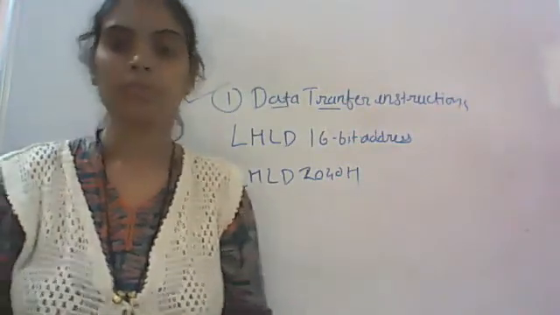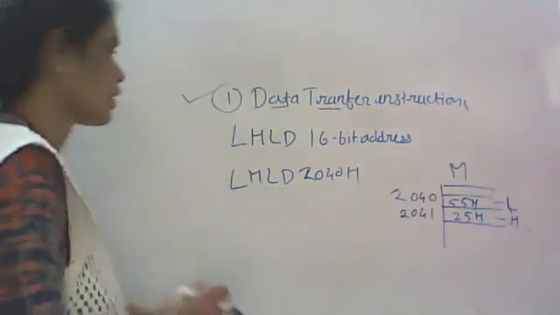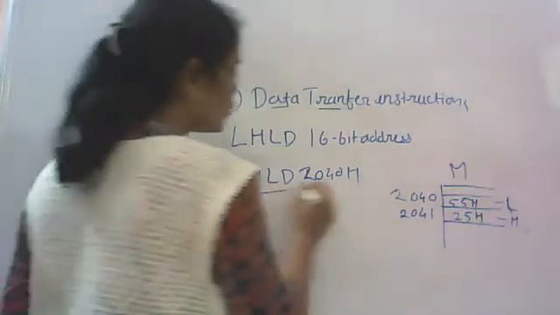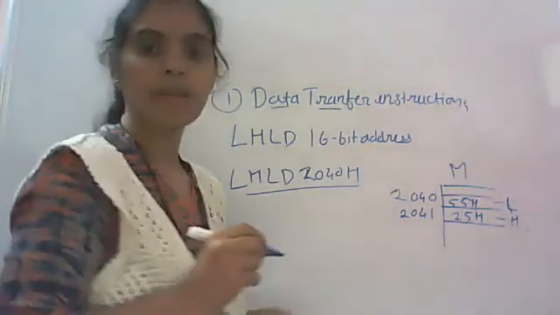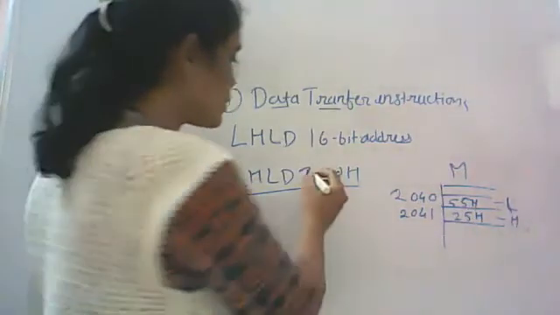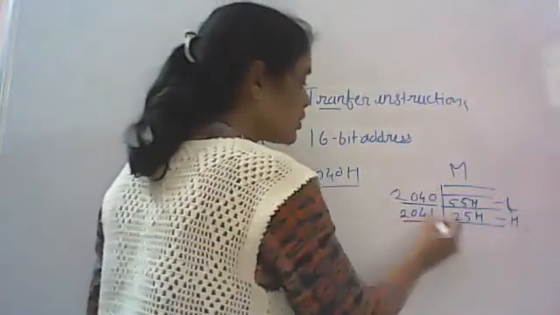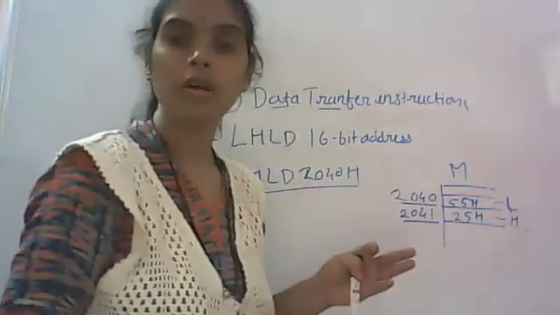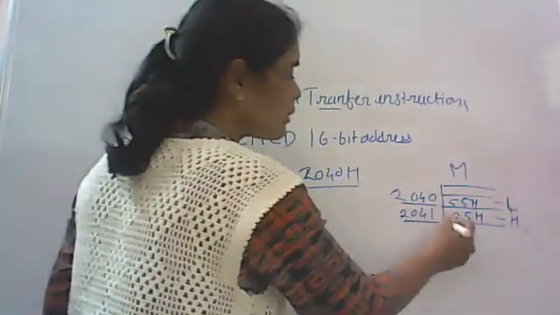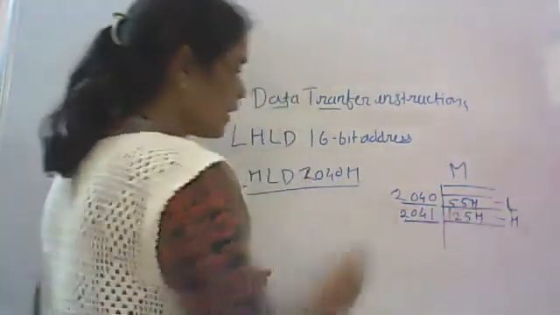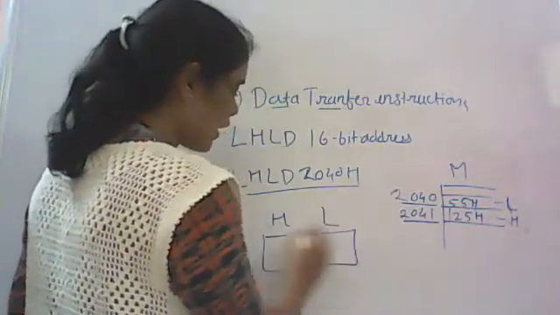Okay. See, after the execution of this instruction, here it copy the content of next memory location, that is in memory location 2040. Next memory location is 2041. Okay, so this 2041 memory location content 25. This 25 stored in H register.